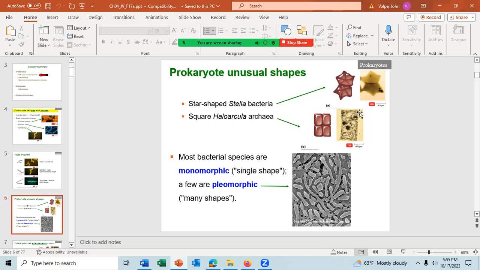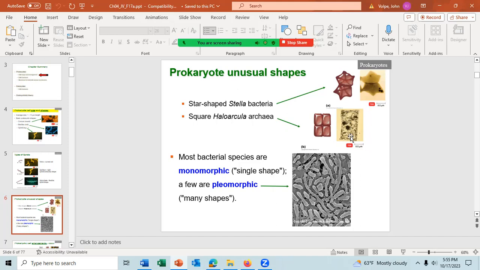And there's a Haloarcula right there. This is Archaea, and the Archaea do have a few odd bacteria. The Haloarcula is one, a bacteria that's actually, what do you call that? Not a square, I just lost the name of this rectangle.